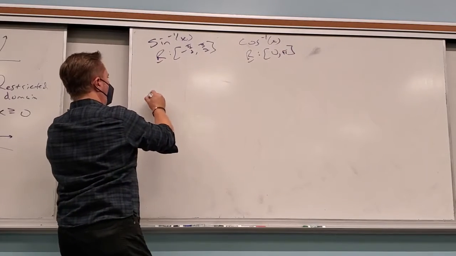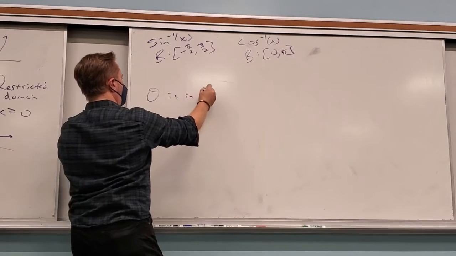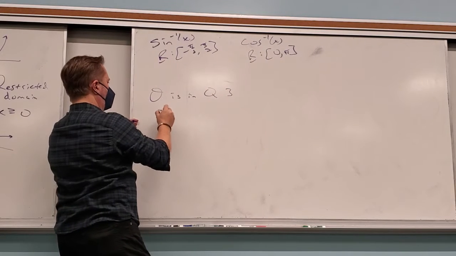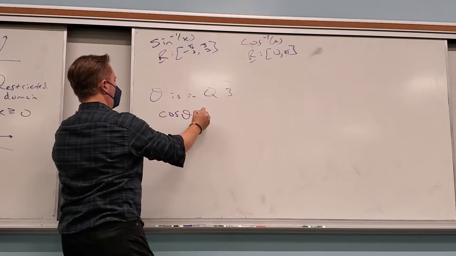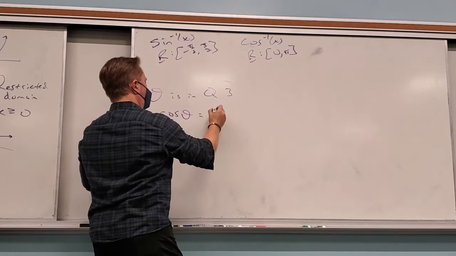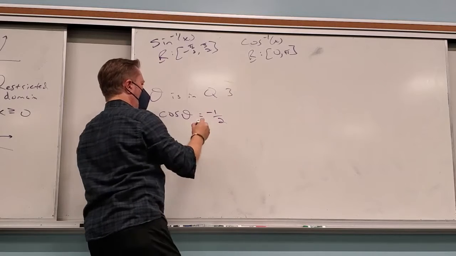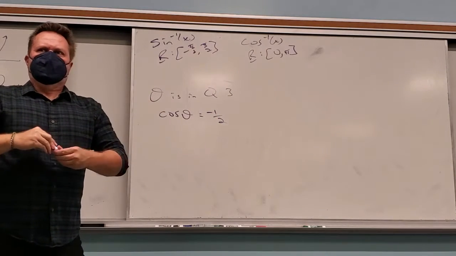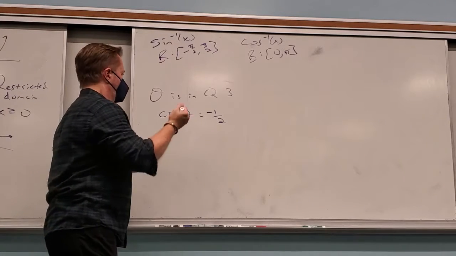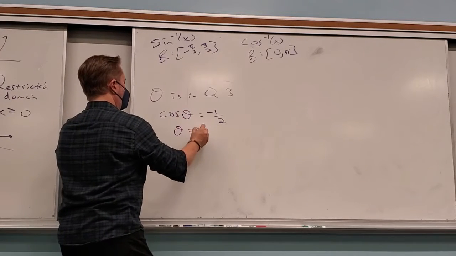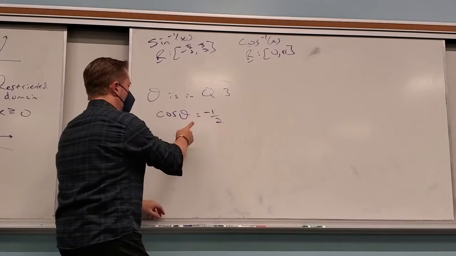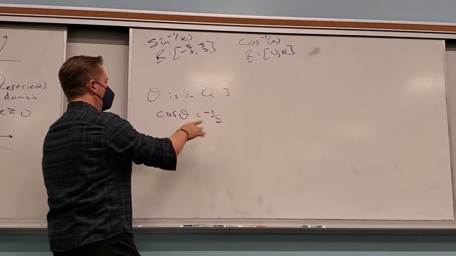So let's say I have theta in quadrant 3, and I know cosine theta equals negative 1/2. What is theta? I should be able to figure this out without the calculator itself.